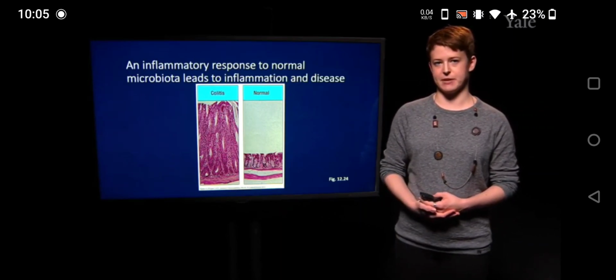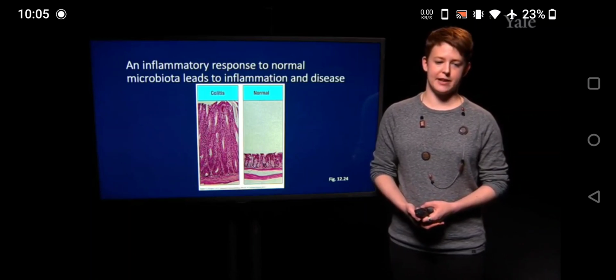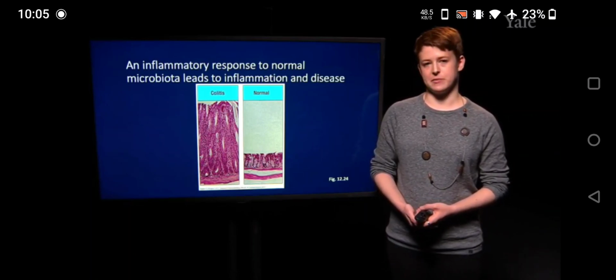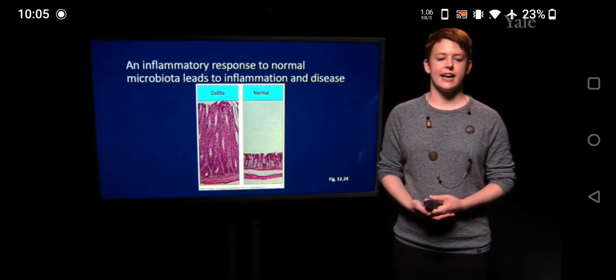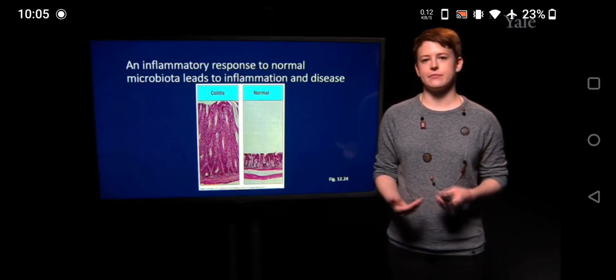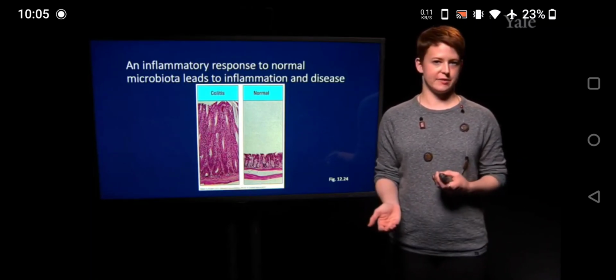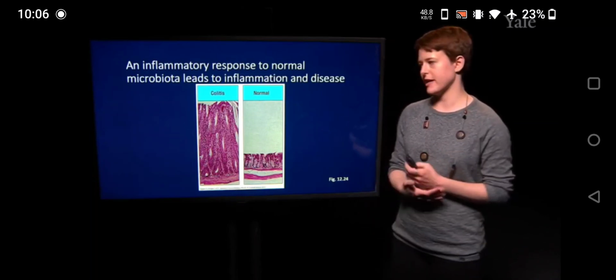This is due really to a very inflammatory response to the normal microbiota. So in this case, the patient is not able to form a proper balanced response. It's mounting too much of a response to the microbiota, causing more inflammation and disease.